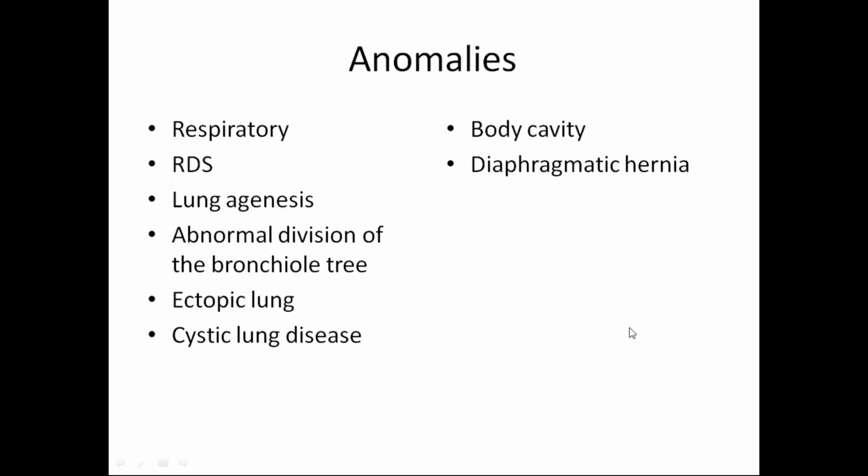surfactant is not produced. So the anomalies that one sees in the respiratory system are respiratory distress syndrome and lung agenesis, where the lung doesn't form or doesn't inflate. It can be because of a diaphragmatic hernia where the abdominal contents are pushing it.